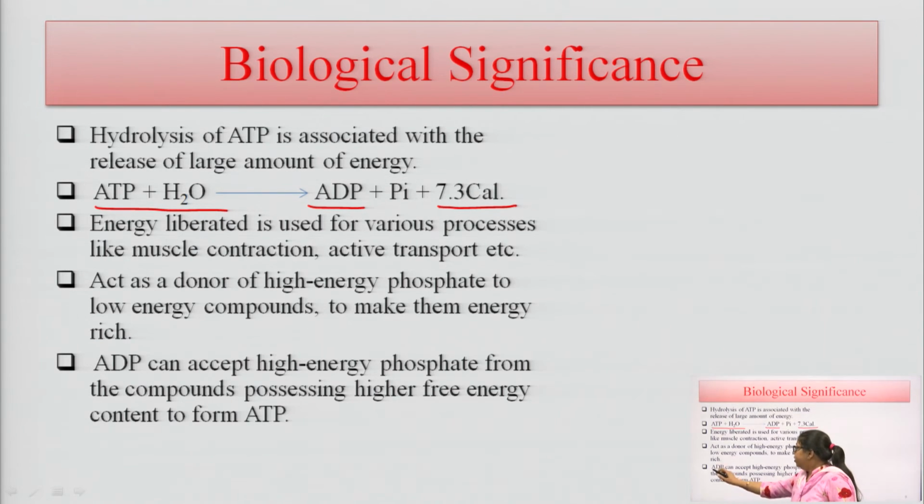When the ADP that is released from ATP hydrolysis again accepts a high energy phosphate bond from compounds possessing high free energy content, it forms ATP.